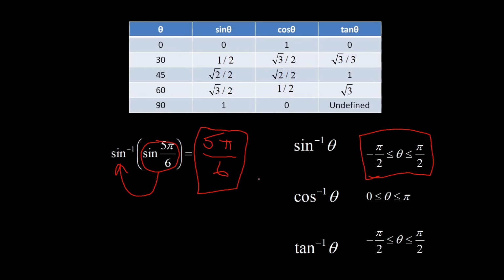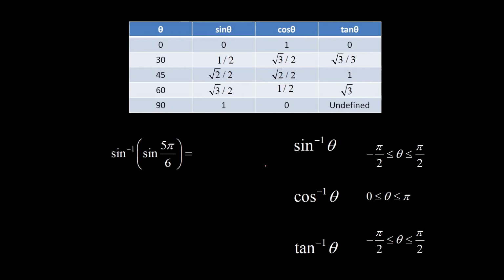So how do we figure out what that angle is? Well, we have to go to the reference angle. So 5 pi over 6, this angle here. And we can see then that the reference angle is pi over 6.